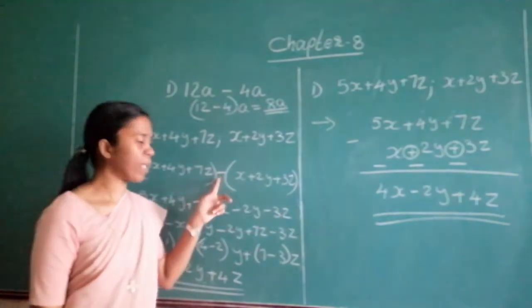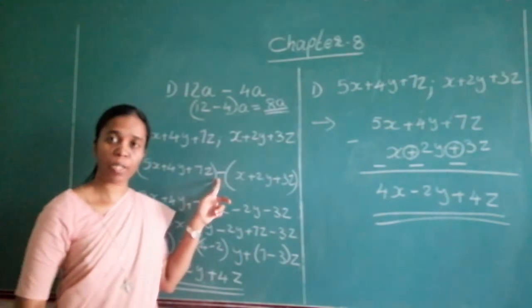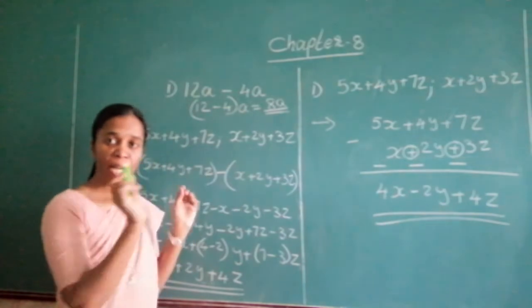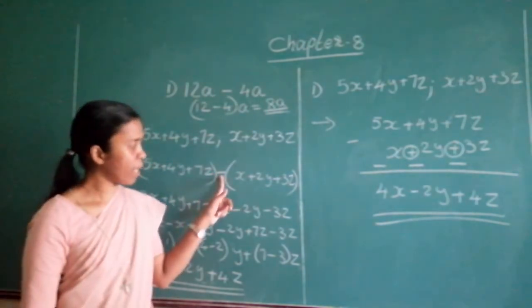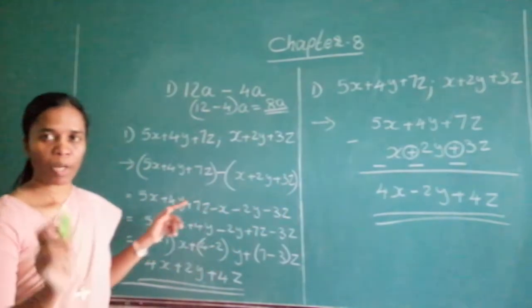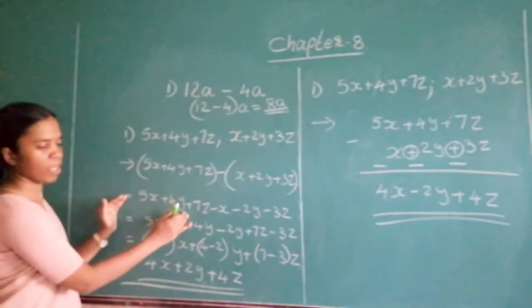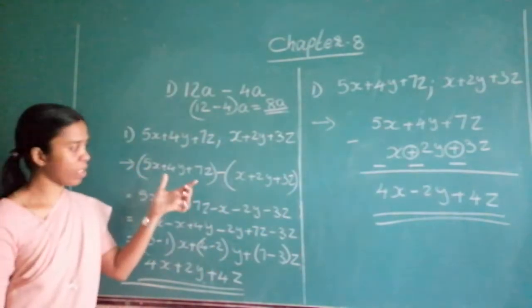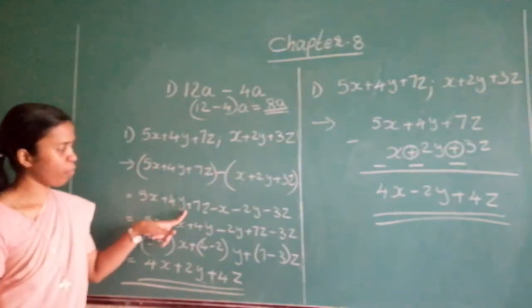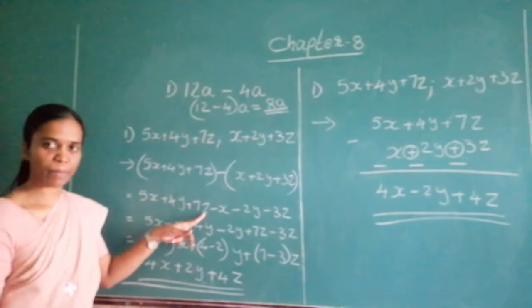That is the minus sign. So now when we open the bracket, we have to multiply this minus sign with every term inside. How do we do it? First you write the first trinomial as it is: 5x plus 4y plus 7z.